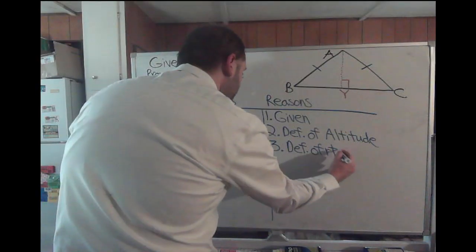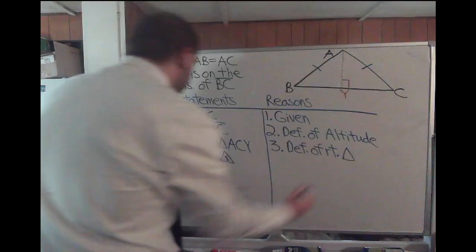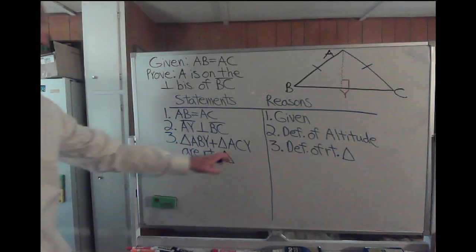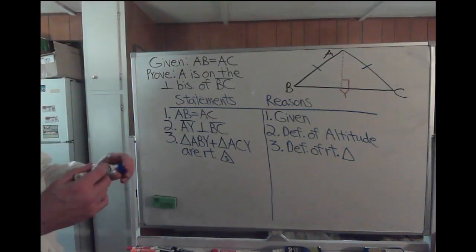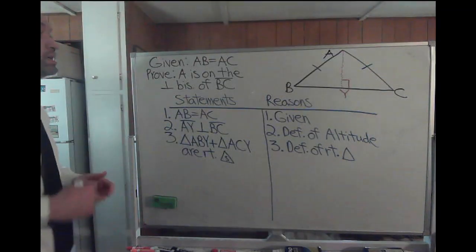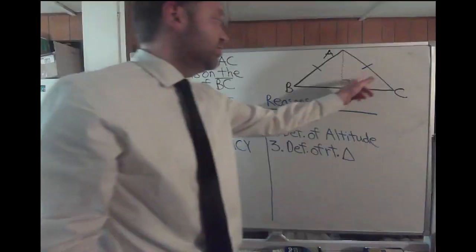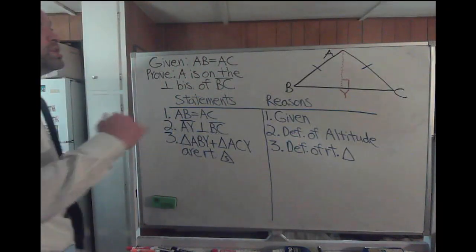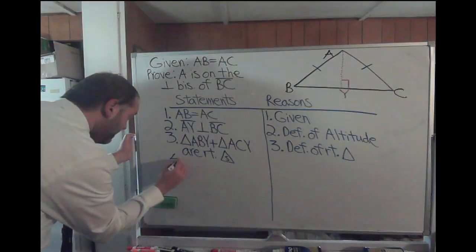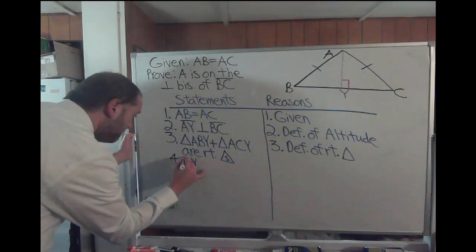So we can now soundly say that triangle ABY and ACY are both right triangles by the definition of right triangle, okay? So now we have two right triangles. We have the hypotenuse is congruent in each. What else? Well, isn't it true that AY is congruent to AY by the reflexive property?